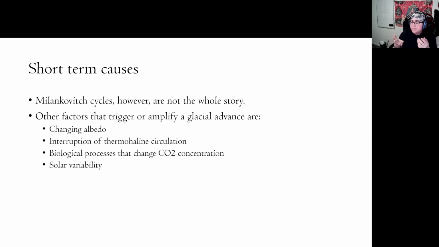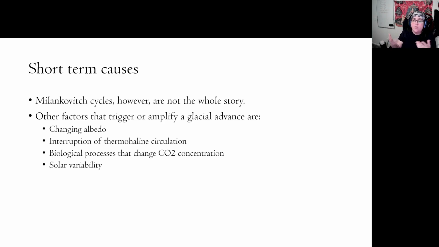Another thing that could affect glacial advance is the interruption of the thermohaline circulation. Thermohaline circulation was that big deep ocean current that circulated water throughout the entire planet, and if it's not working properly, then, for example, it doesn't moderate temperatures. Another is biological processes that change CO2 concentration.